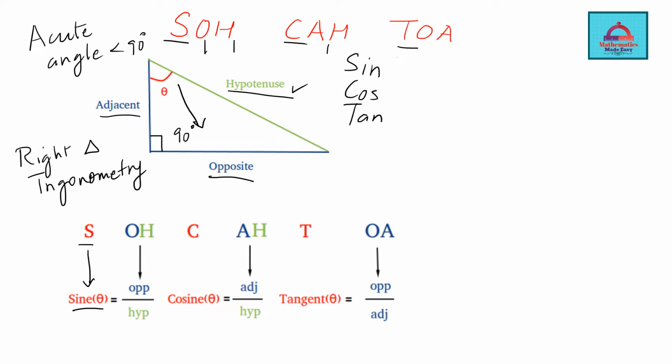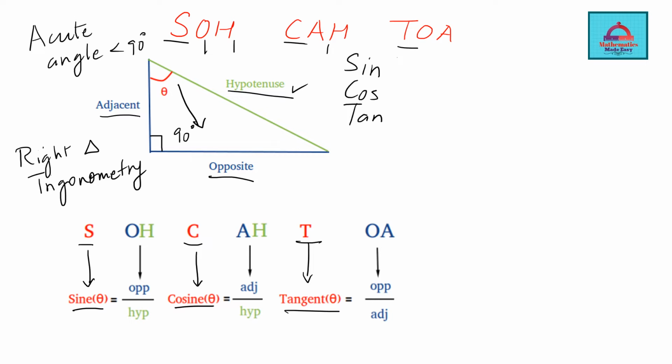Only then you can have these 6 trigonometric ratios well defined. So sine, cos, tan, right now we are talking about acute angle theta. So sine, how you remember the formula, is opposite divided by hypotenuse. Similarly, cos comes from CAH. So cosine is adjacent divided by hypotenuse, and last but not the least, tangent is opposite divided by adjacent.